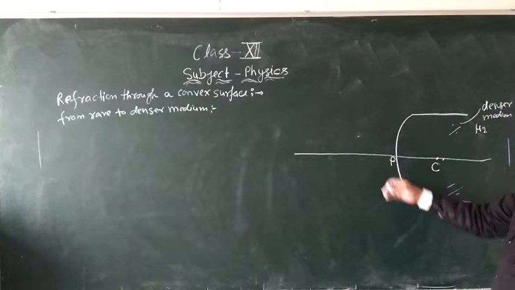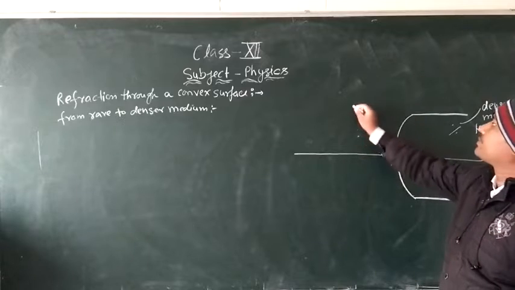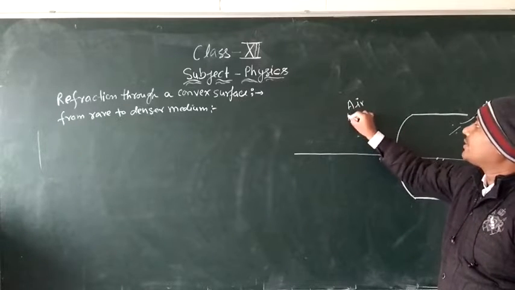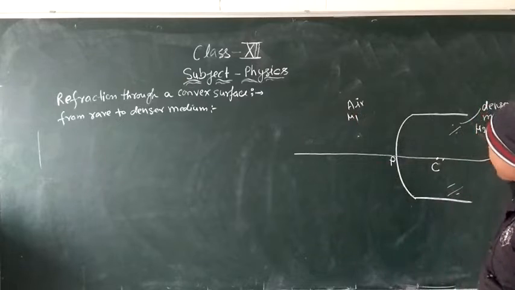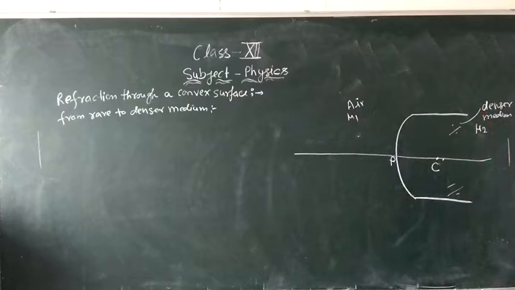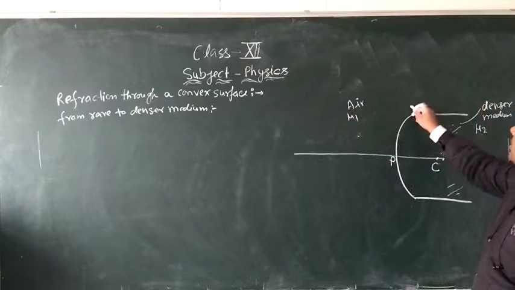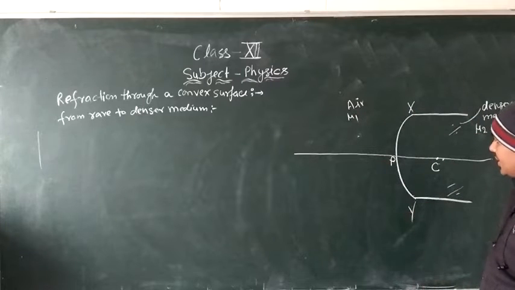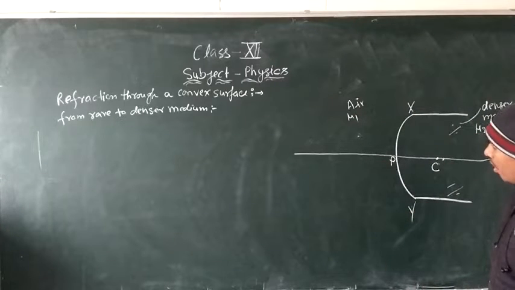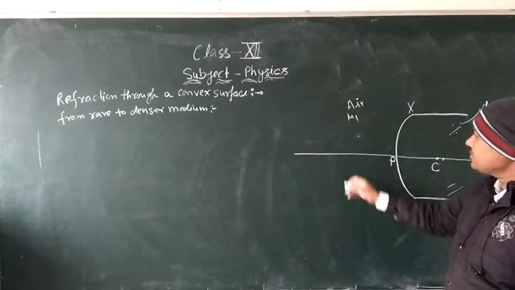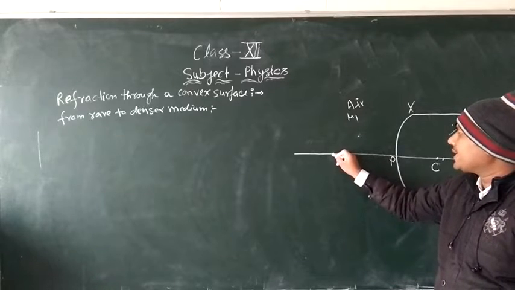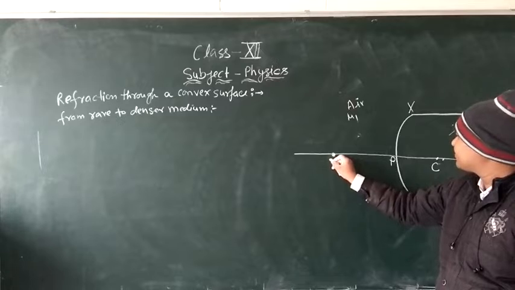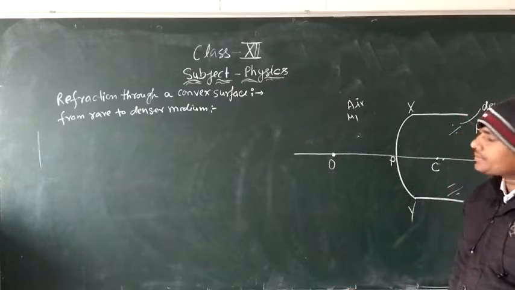And here is the rarer medium, that means air, whose refractive index is mu1. This is X and Y, the aperture of the curvature. Let a point object be placed at this point. This is object O.